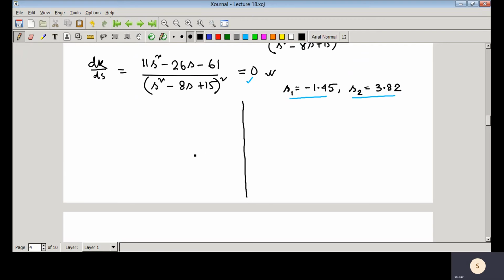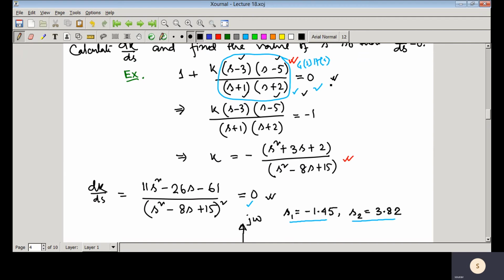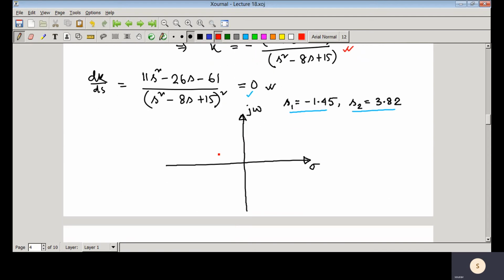So this is the S-plane, this is sigma, this is j omega, and if you look at G(s)H(s), two poles are there, one at -1 and another at -2.